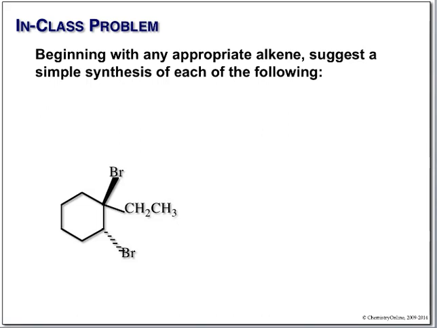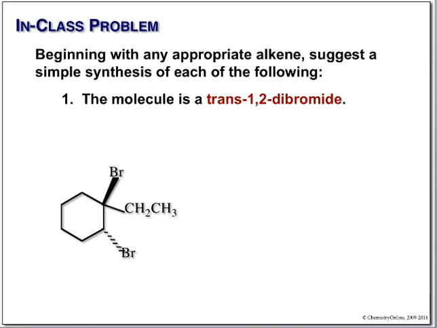Well, very simply, this is a trans 1,2-dibromide, isn't it? Bromines are trans. How do you know to make trans 1,2-dibromides? You only know one way, and that's to take an alkene and add bromine.